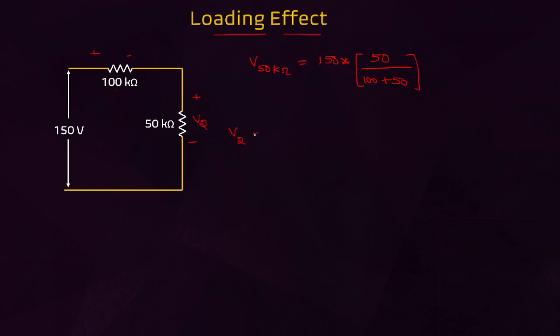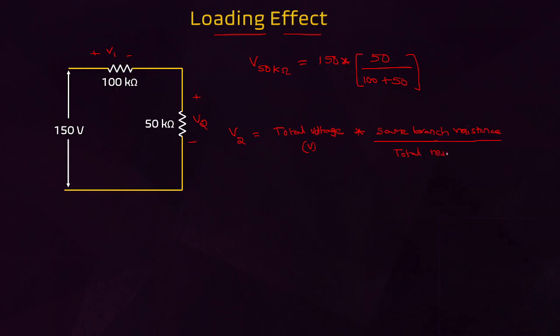If we take the other as V1, then V2 is the total voltage V into the same branch resistance, wherever we are finding the voltage, divided by the total resistance.